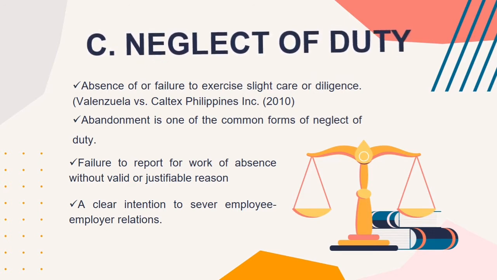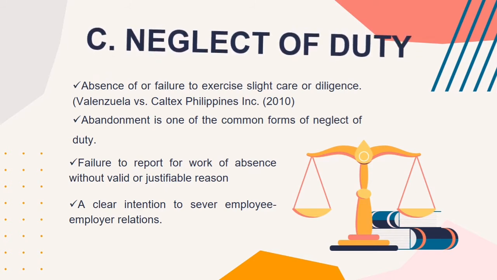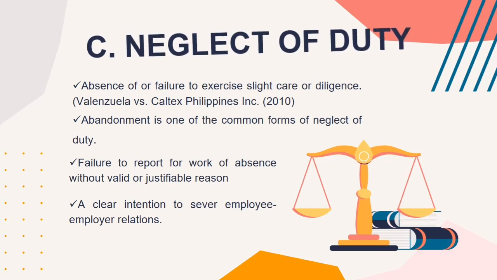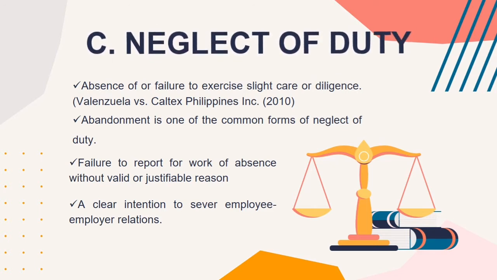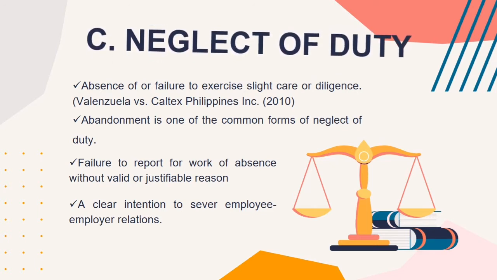This is an example, class. Now, gross neglect is the absence of or failure to exercise slight care or diligence. That's according to Valenzuela versus Caltex Philippines Incorporated in 2010.